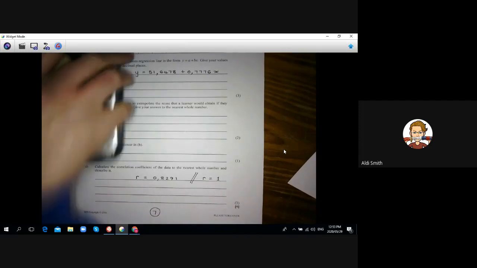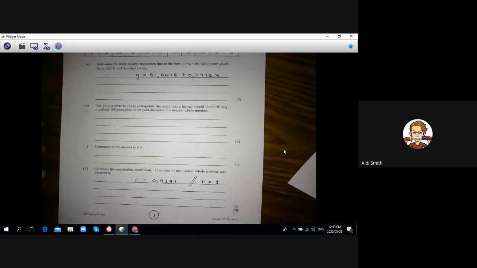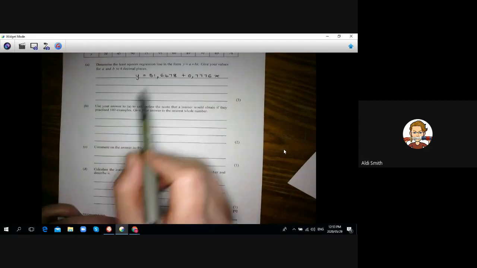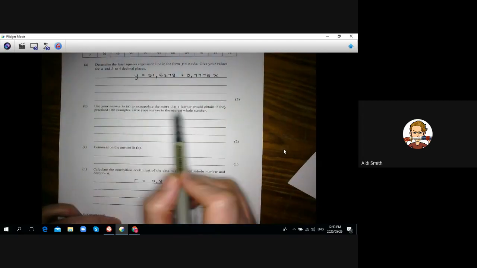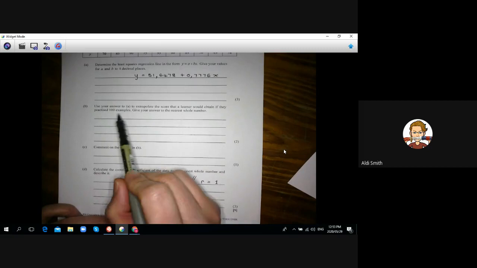But anyway, B over here says, use your answer to A to extrapolate the score that a learner would obtain if they practiced 100 examples.